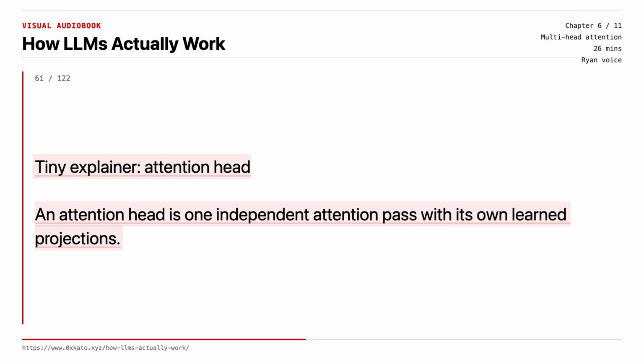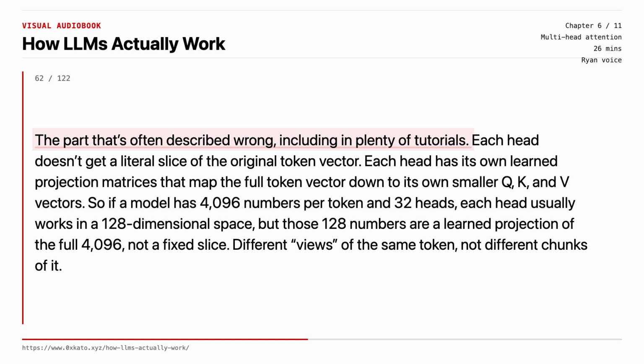Tiny explainer: attention head. An attention head is one independent attention pass with its own learned projections. Here is the part that's often described wrong, including in plenty of tutorials. Each head doesn't get a literal slice of the original token vector. Each head has its own learned projection matrices that map the full token vector down to its own smaller Q, K, and V vectors.